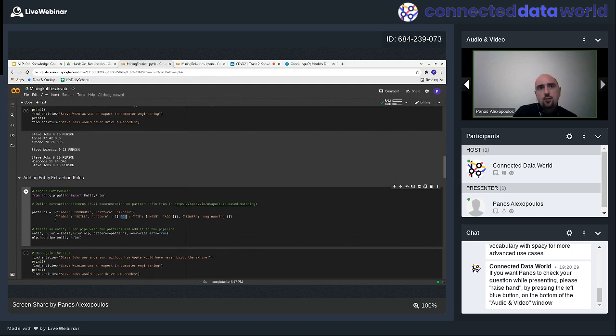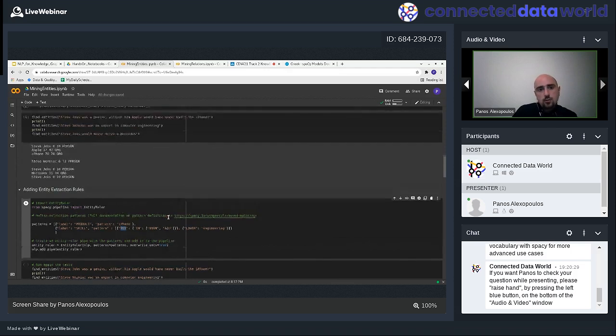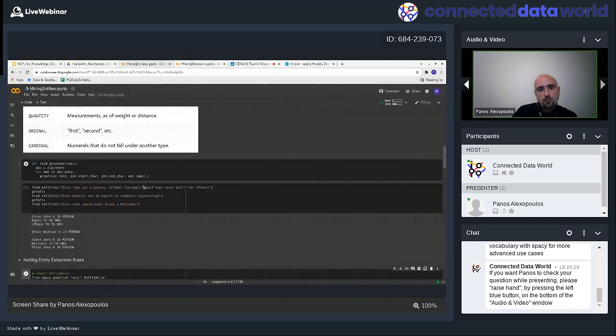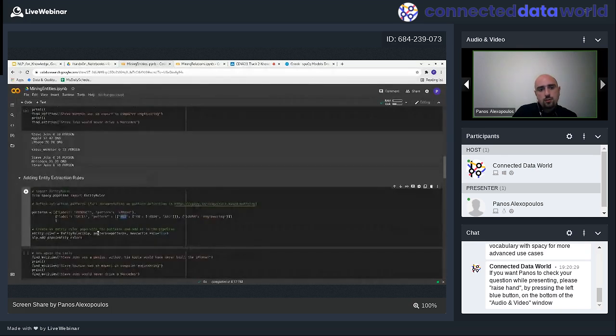Again, this is a rule whose accuracy needs to be tested, of course, right? Because it may also give false positives. But nonetheless, it's something that allows us quite easily to expand the basic model of spaCy to cover some instantiations of an additional skill.